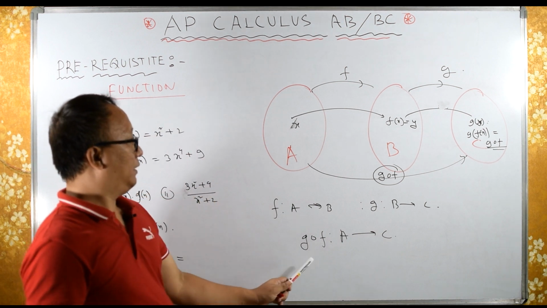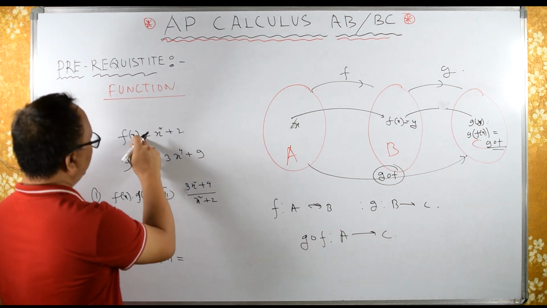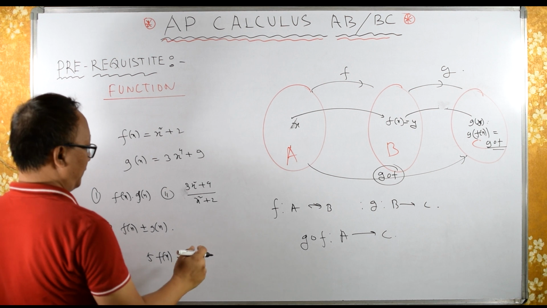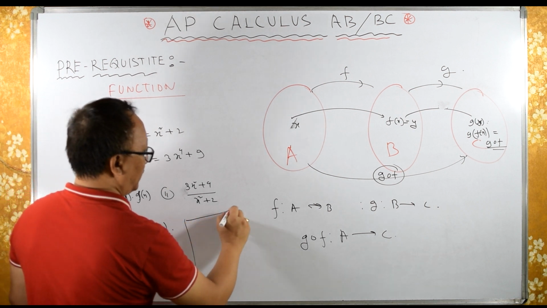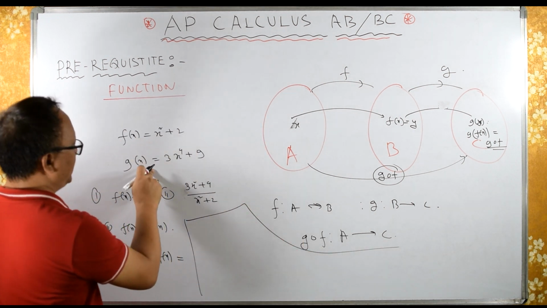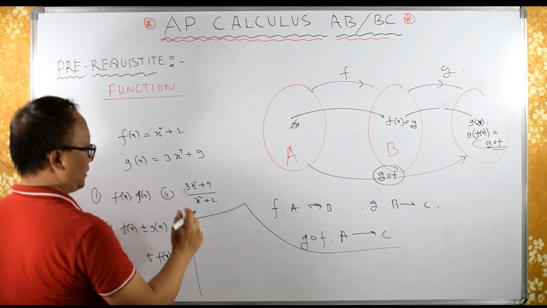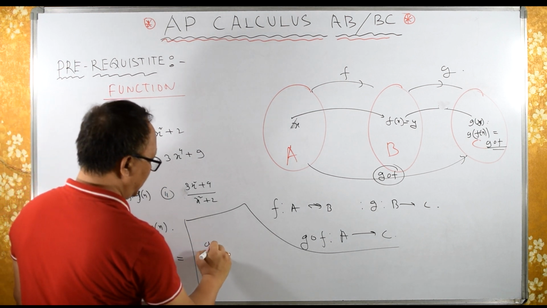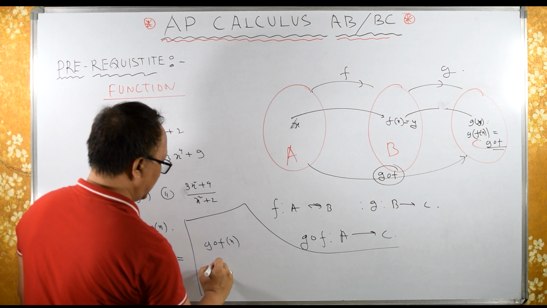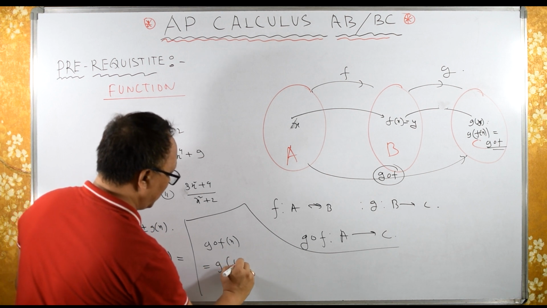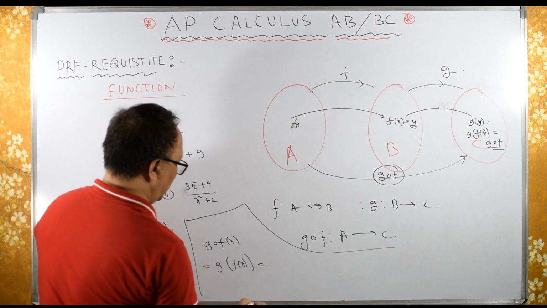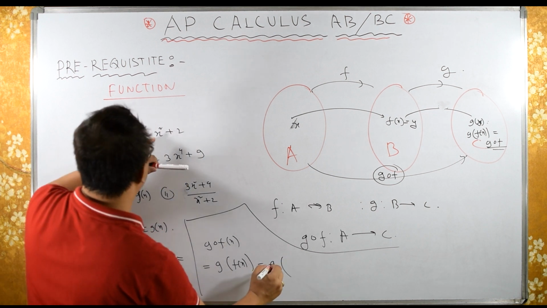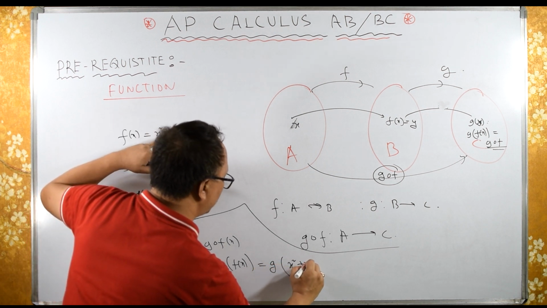Now let's take an example. If you want to find g compose f, let's find it. f of x is this, g of x is this. g compose f of x is the same as g of f of x. What is f of x? f of x is x square plus 2.